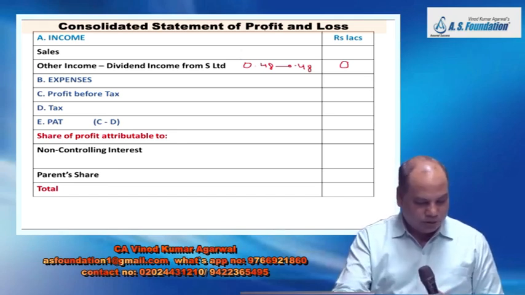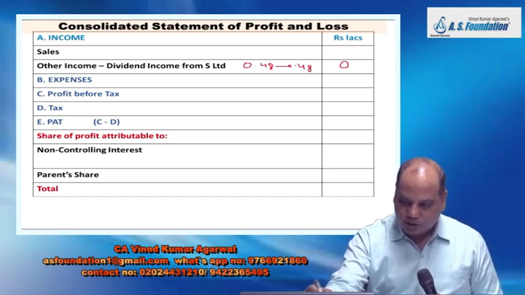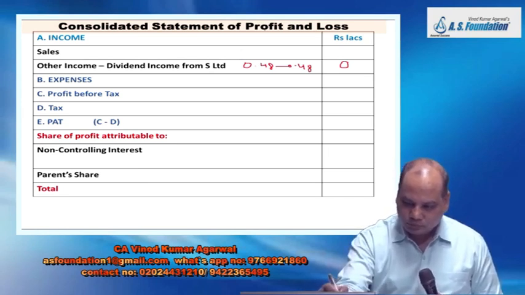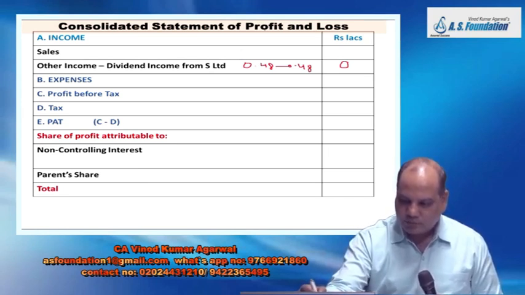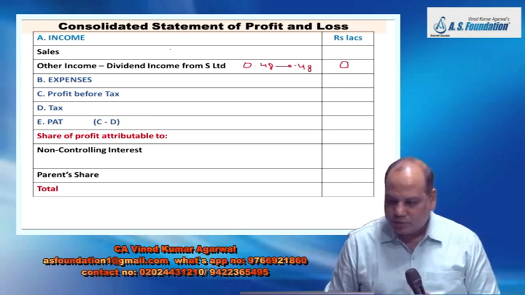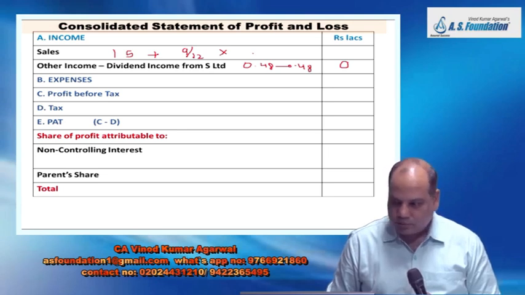So how much will you write in sales here? Parent company is 15 and subsidiary you write 9 by 12 into how much is subsidiary? 10.